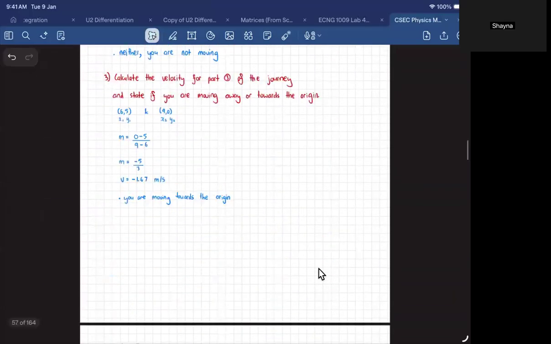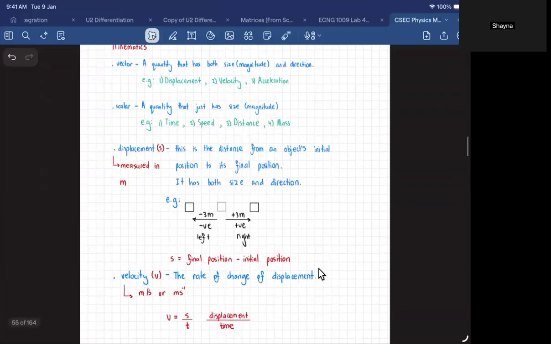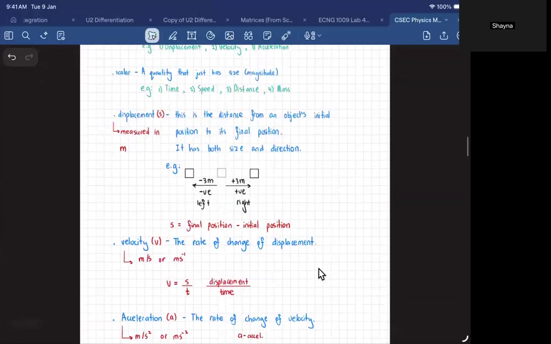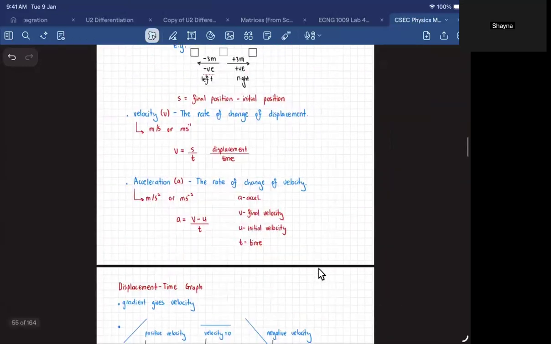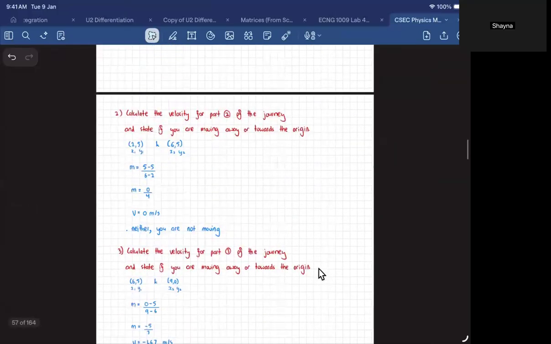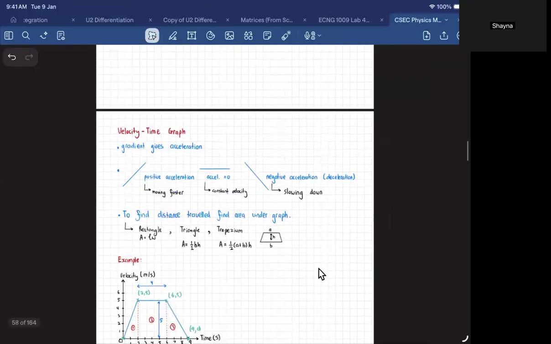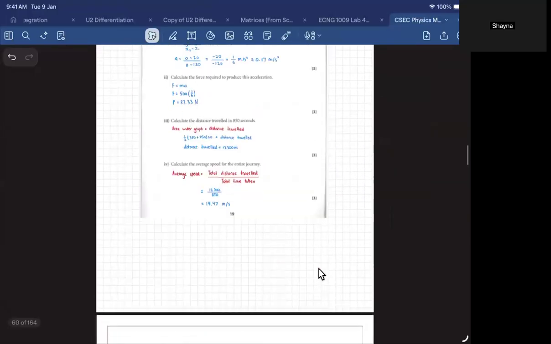I believe we had discussed that somewhere. This is the distance from an object's initial position to its final position. Okay, great.